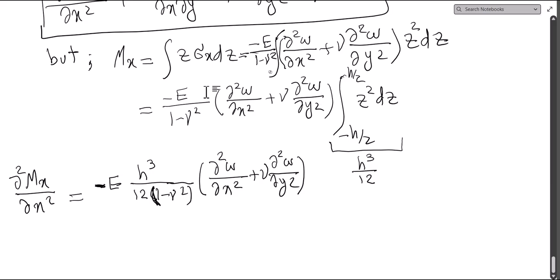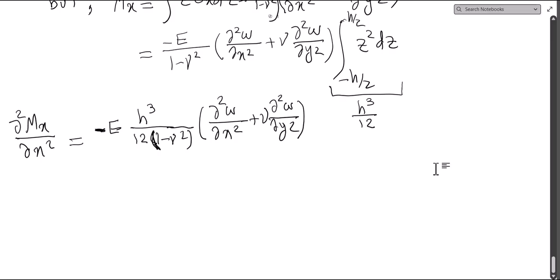Then you end up with the integration, which is very simple. Between minus h/2 and h/2, this becomes h to the power 3 divided by 12, and then you bring this here and you will get this result.